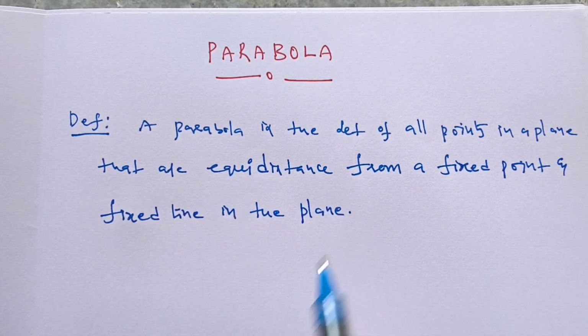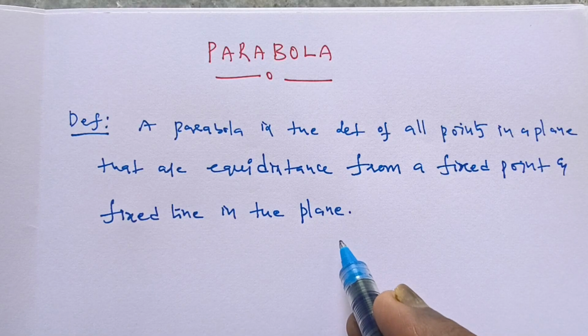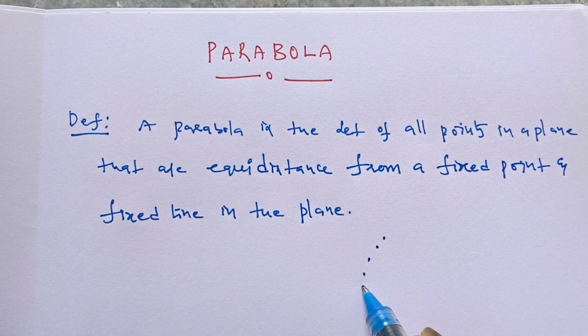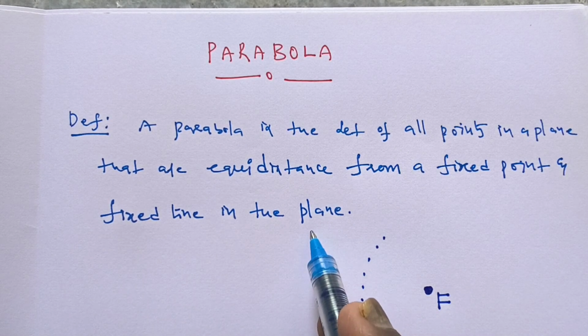To understand this definition, see the diagram here. This is the set of all points in a plane which are equidistant from the fixed point, named F, and the fixed line.